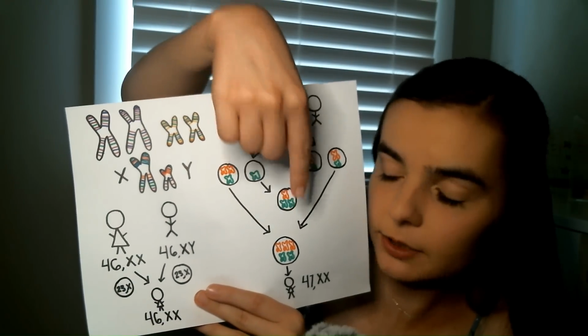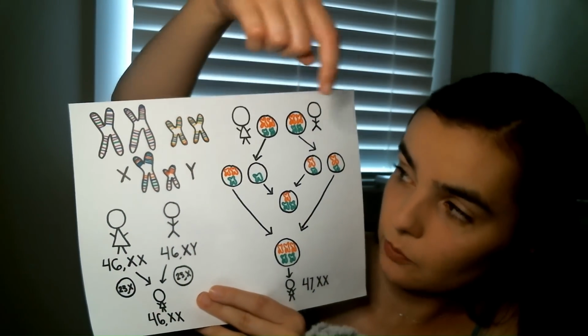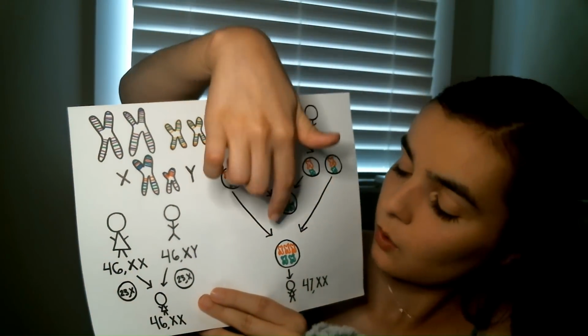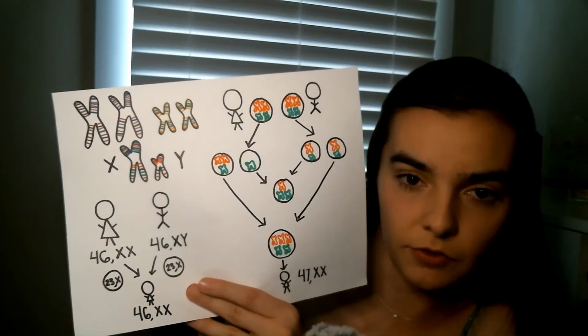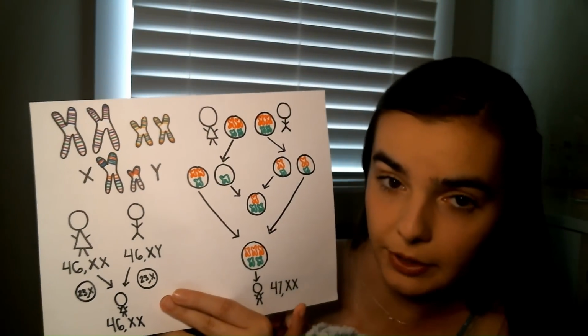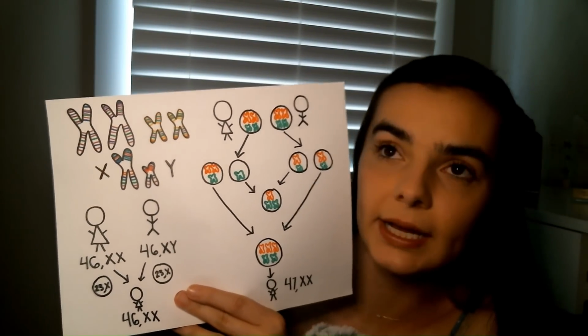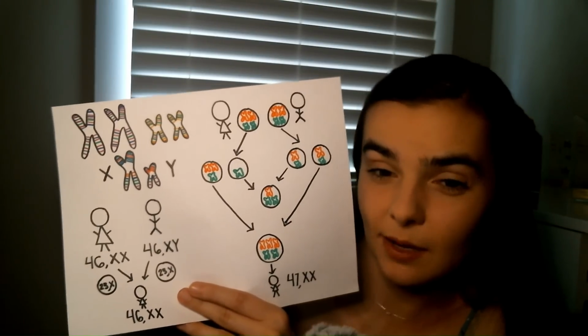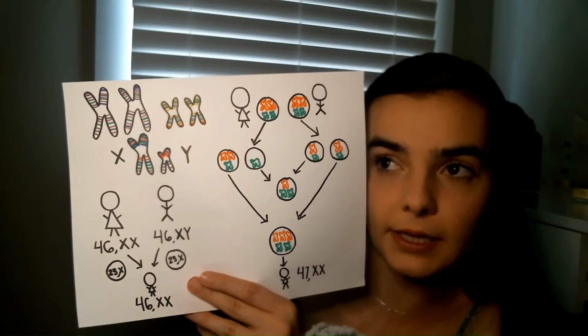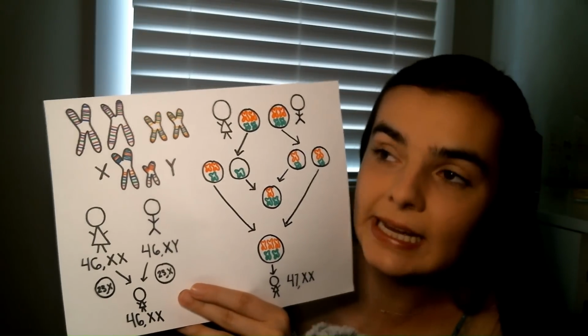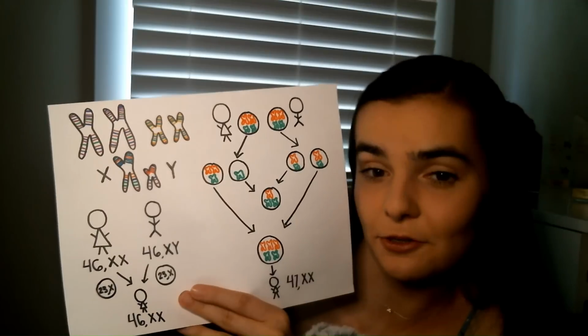But down here, if this egg merges with this sperm, we're gonna get 3 of the orange one and 2 of the green one. And so most of the time this is also not compatible with life, but an exception is Down syndrome.